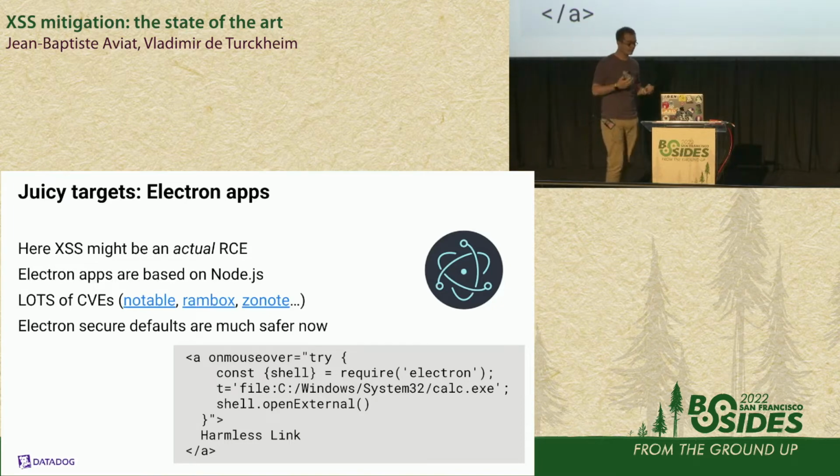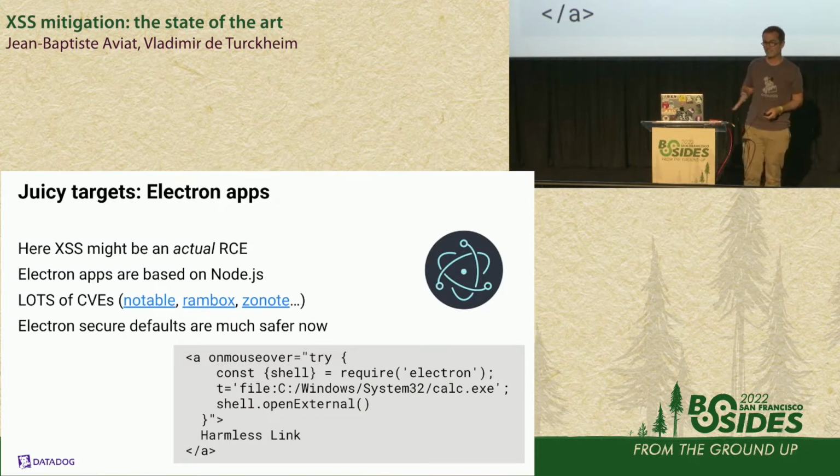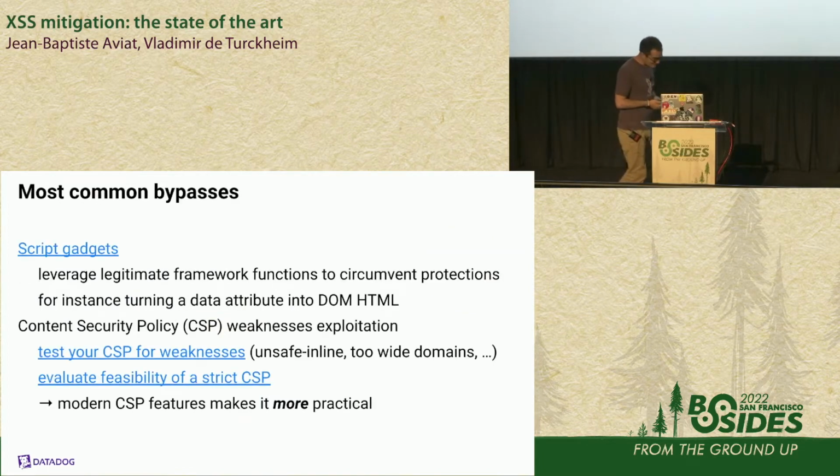All right, so in some configurations, there's no need for a fancy browser exploit or sandbox escape. Sometimes you have direct code execution. Obviously, Electron has become much safer in the past years to prevent those kinds of things, but that's still something that you find.